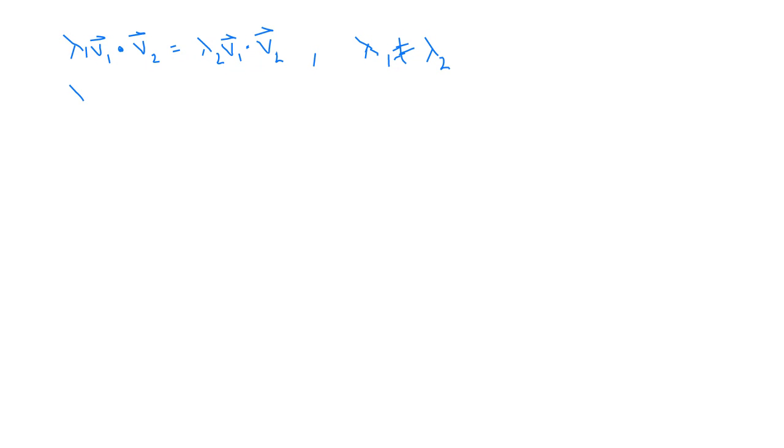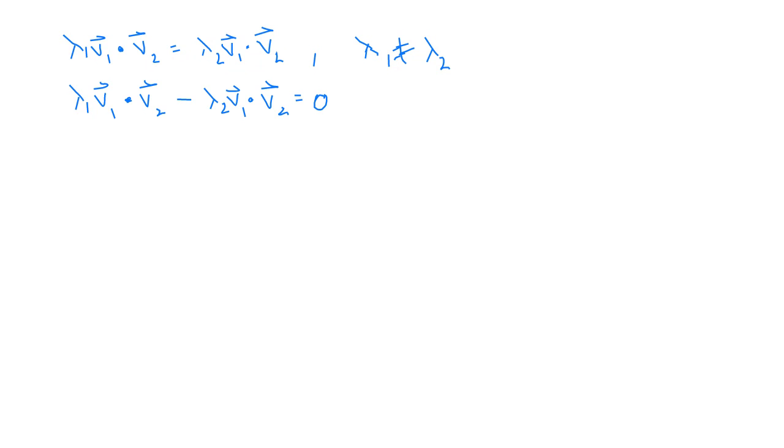So what we can do here is subtract from the right side the lambda 2 V1 dot V2. And of course, it's equal to then 0. It's not a 0 vector on the right side. It's just a 0. It's a scalar.